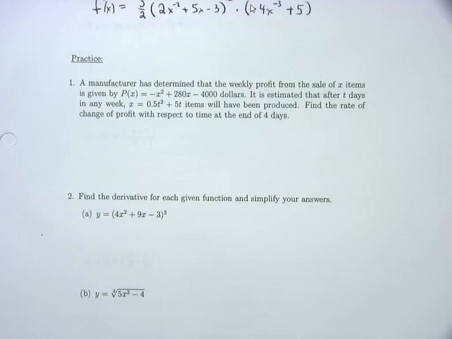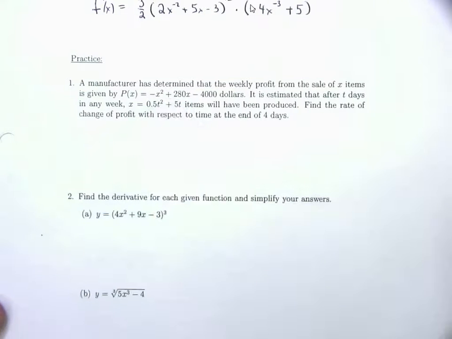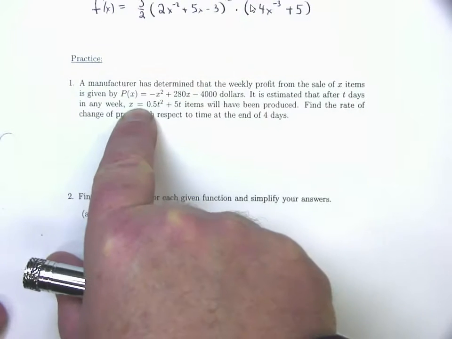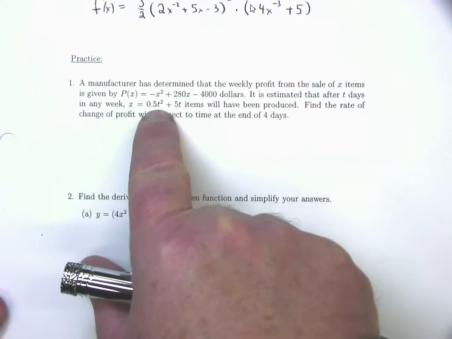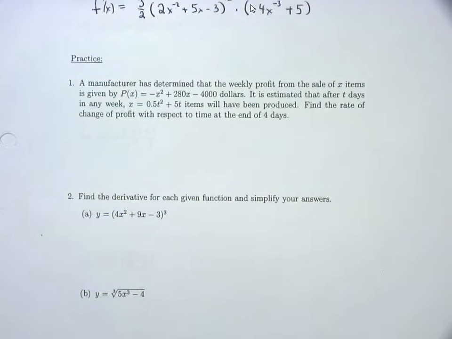What are they looking for? Because we got multiple variables going on here. So I've got profit based upon x, the number of units I produce. But I also have x, the number of items that I produce, based upon t, the number of days that I have been working on this stuff. What they're after here is this.